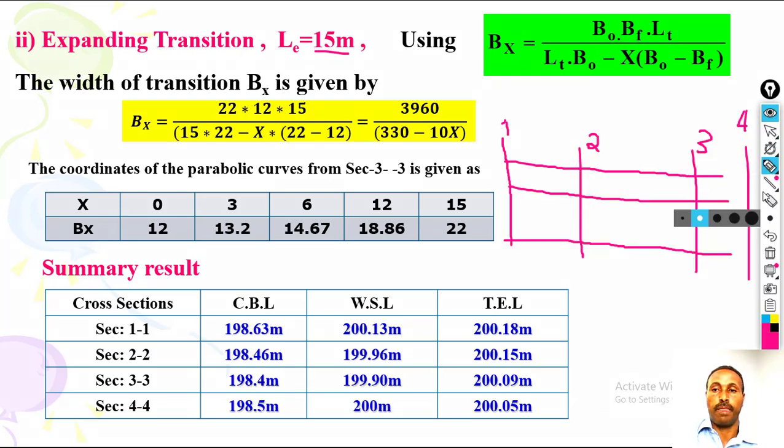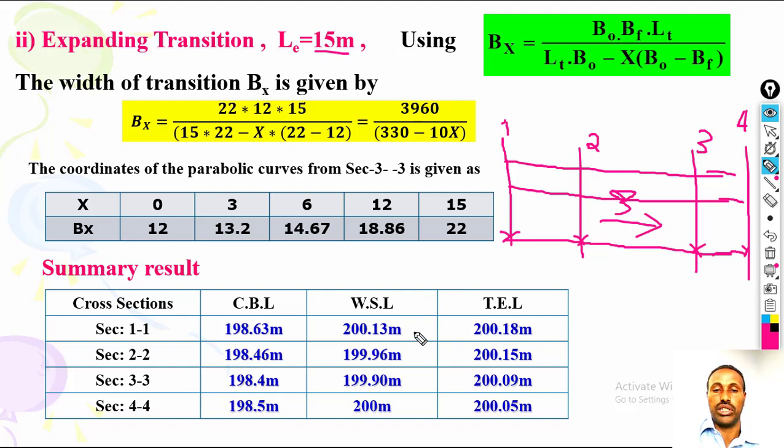Clear? Accordingly, you can have the canal bed level. You can start from section 4. We start here at 198.5. It is just smaller than this elevation, so that the flow is going like this. So this is the water surface level, this is the total energy level.